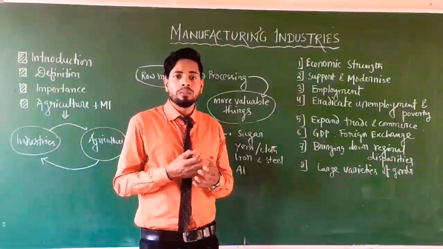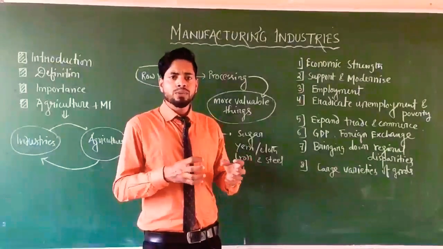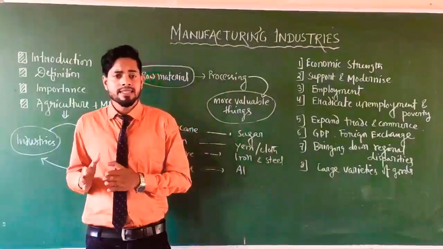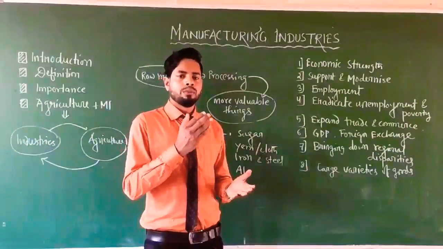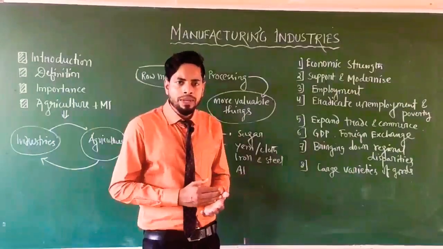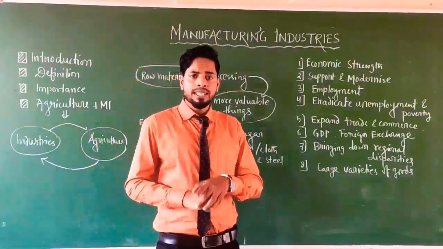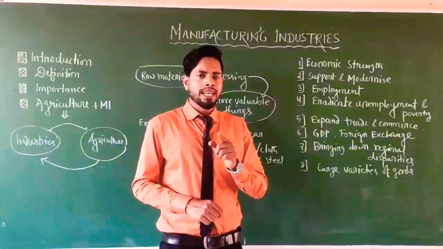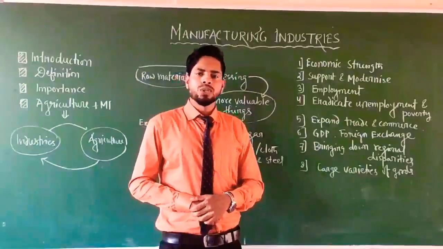When you get a job opportunity, you earn money. So in this way, manufacturing industries help to eradicate the problem of unemployment and poverty from our society. So manufacturing industries help to eradicate unemployment and poverty from our society.